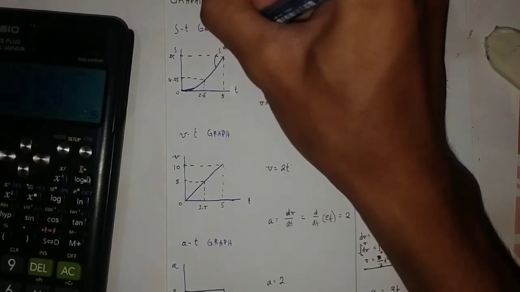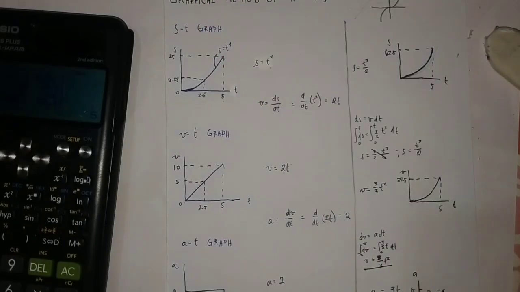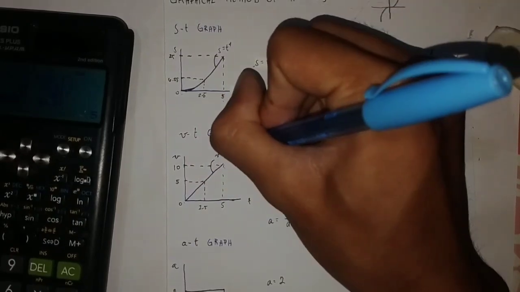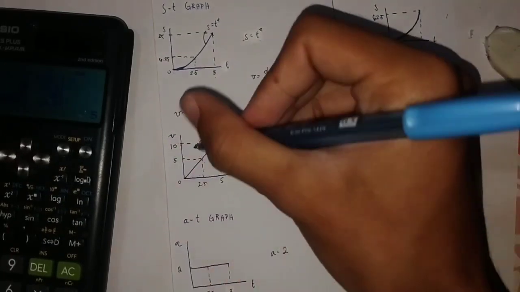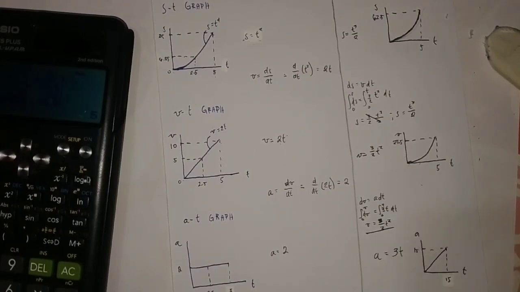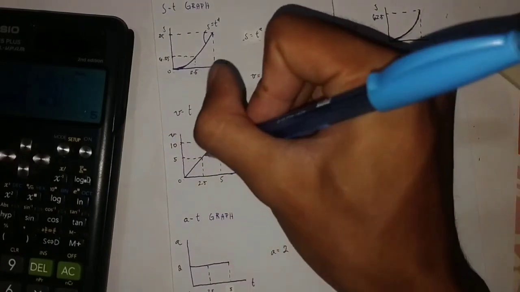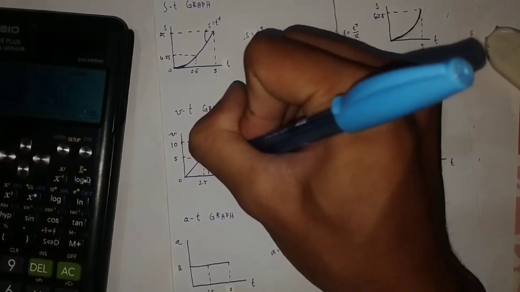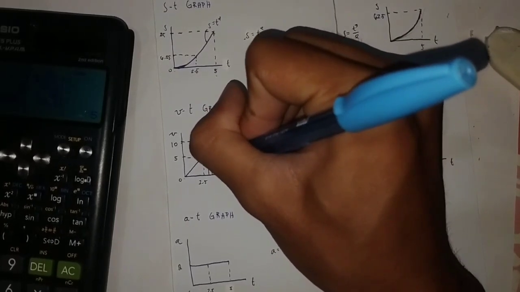So another thing to remember is the line here for your s-t graph is your equation. Also here for your v, v is equal to 2t. However, we can compute the total distance traveled by finding the area under the curve of our v-t graph.